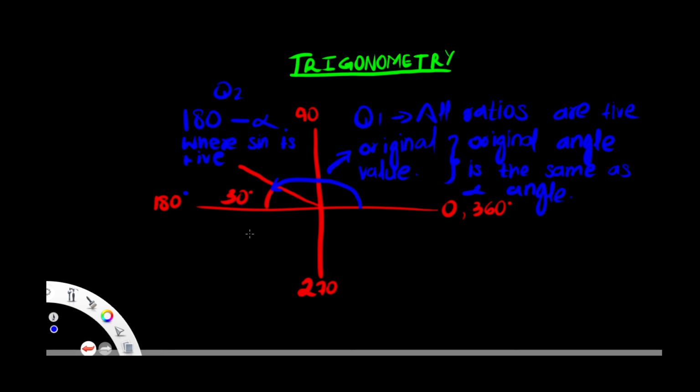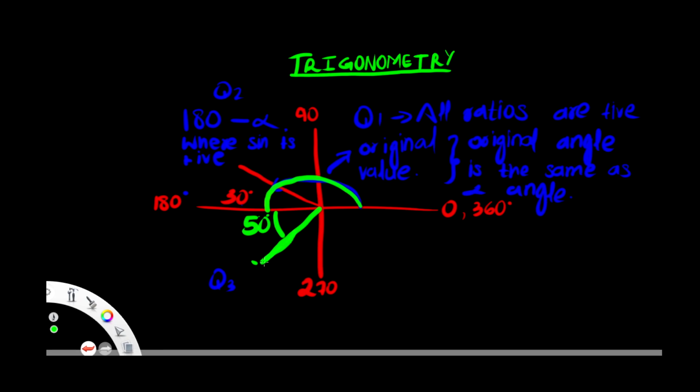Let's move on to the third quadrant. So let's form another base angle, this time in green, and let's say this is 50. So now, in order to complete this rotation and to get to this diagonal line, I'll have to add something. In this case, I will have to add 50, the base angle.